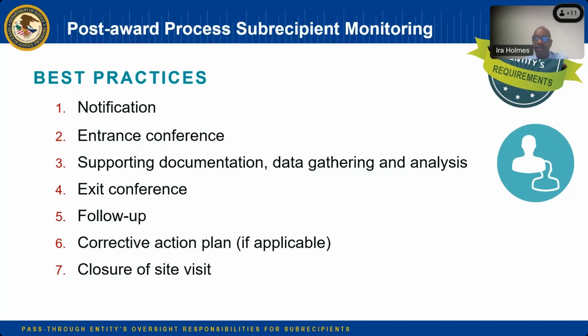Follow up with your subrecipient if what you learned from your site visit requires a follow-up. A corrective action plan, if needed, from what happened on your site visit. And then make sure you close the site visit. And I'm going to talk about each one of these.